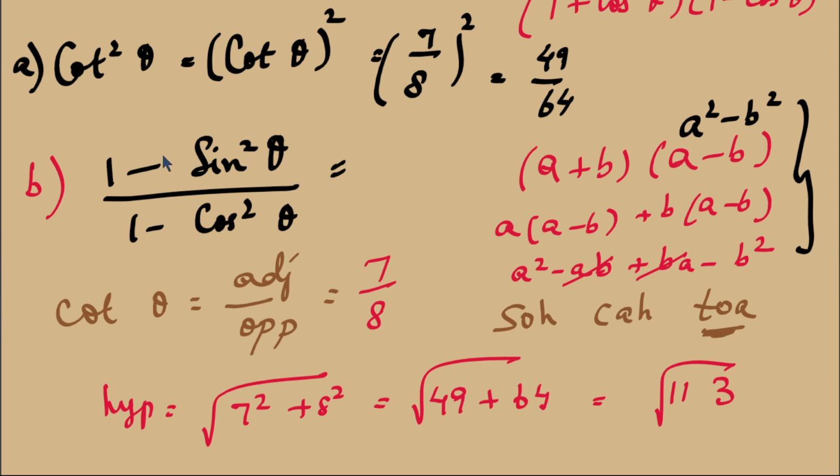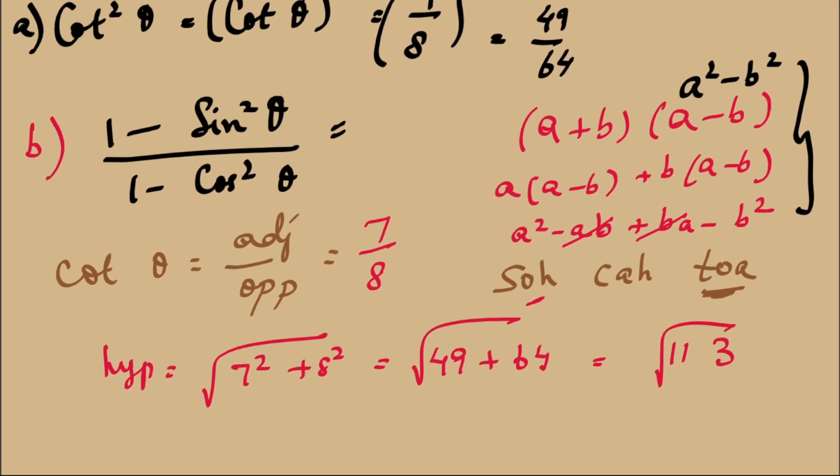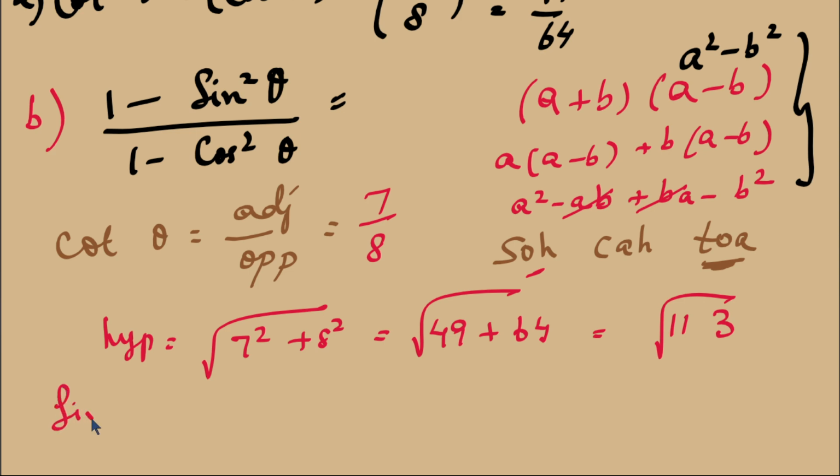We'll have to do 1 minus sine squared theta and 1 minus cos squared theta. So what is sine theta? Sine theta is opposite by hypotenuse, so sine theta is equal to 8 by root of 113. And what is cos theta? It is adjacent by hypotenuse, so 7 by root of 113.